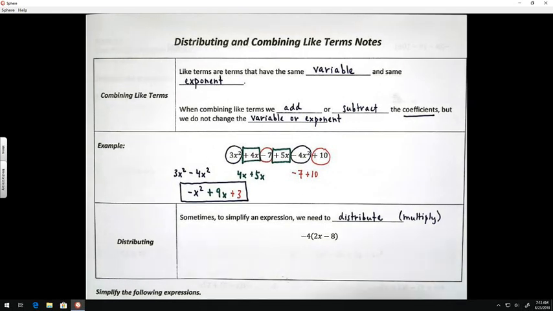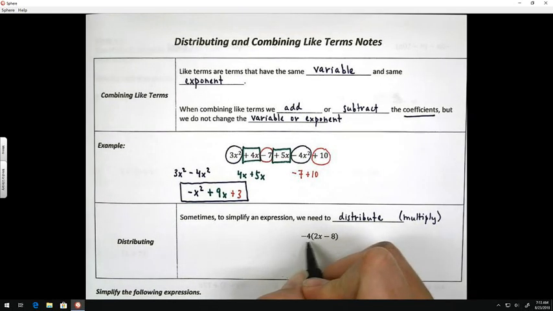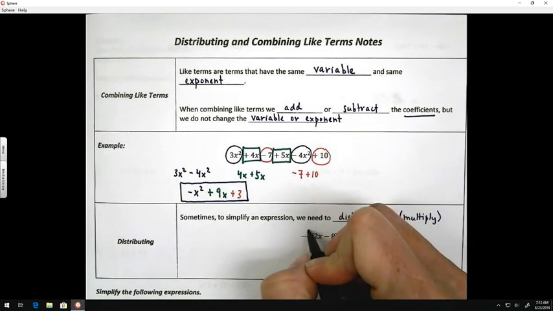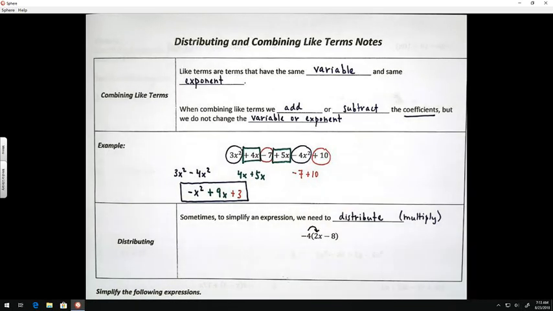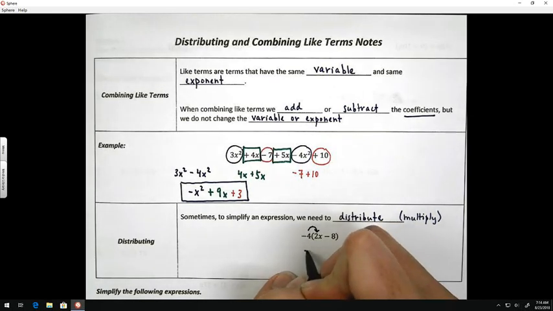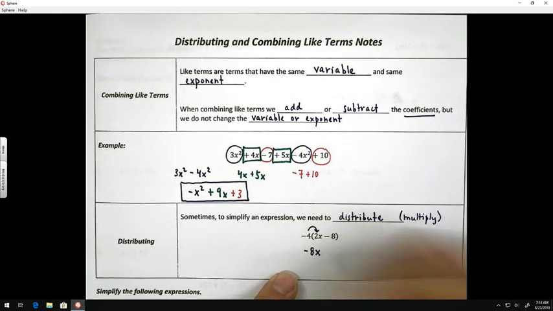So the idea is that we take our number outside the parentheses and we multiply it by both terms in the parentheses. And we use these little arrows to help us remember to do that. Now, just like up here, we're really just worried about the coefficient here. I'm doing a negative 4 times a positive 2, which I know gives me a negative 8, and the x travels along with it.